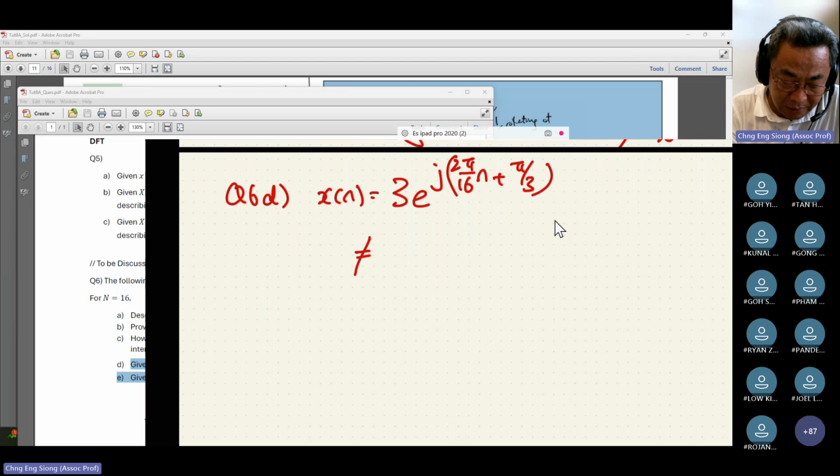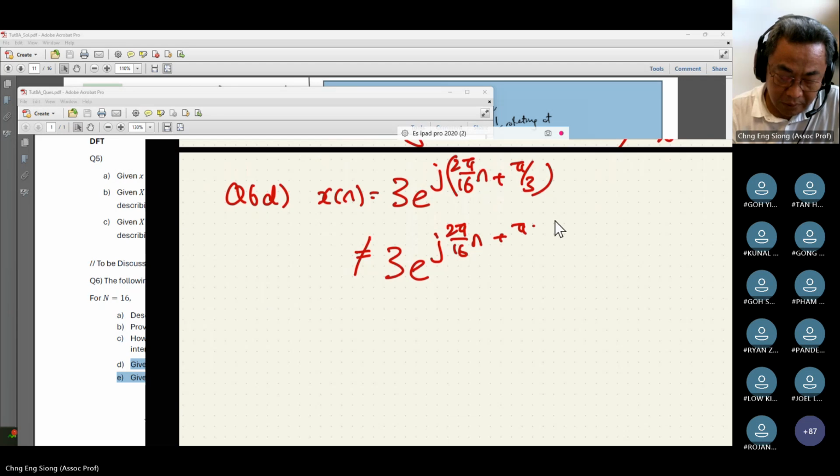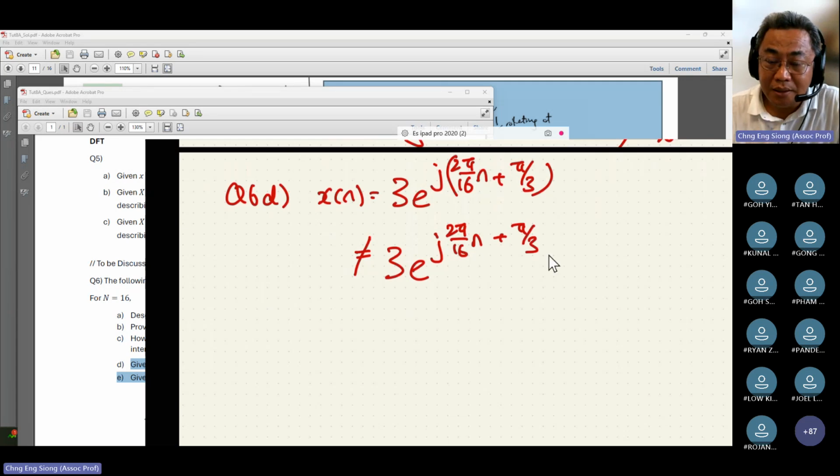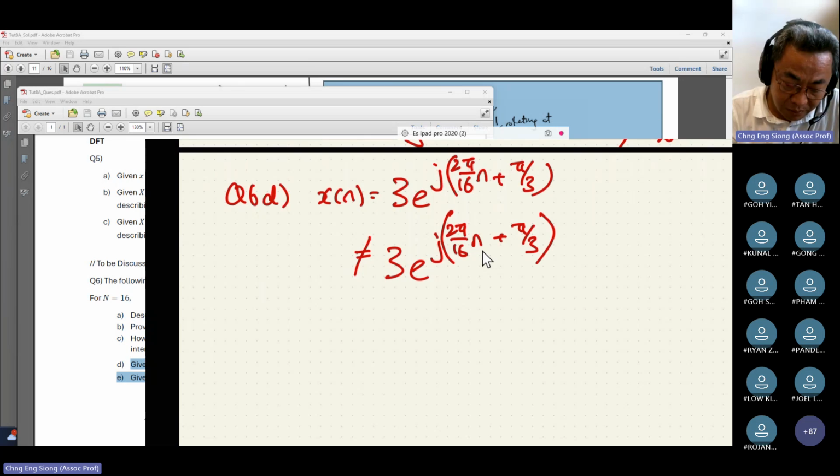This is not the same as the other form. Please don't write this and expect us to interpret that this is okay. It's not. So please put a big bracket.